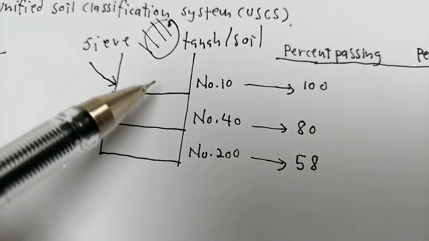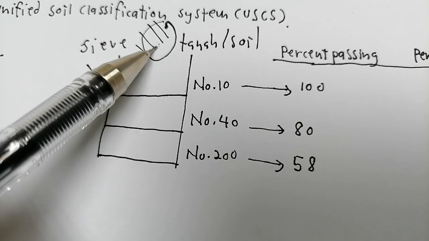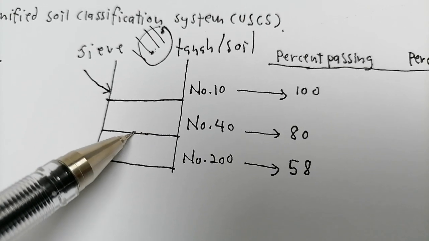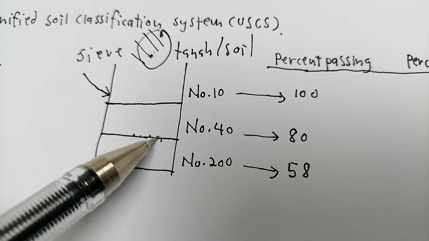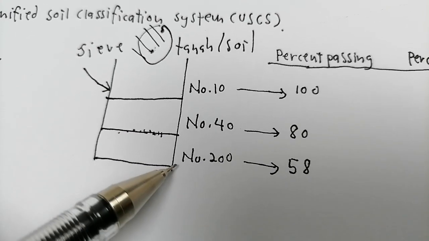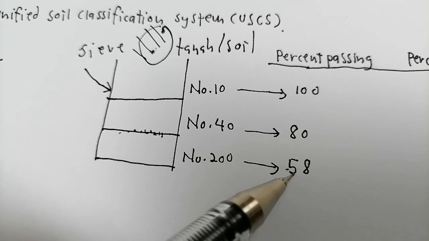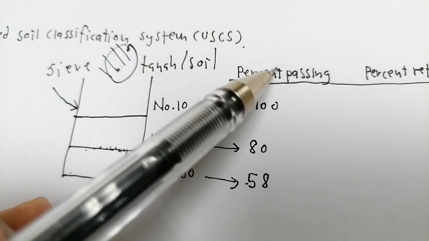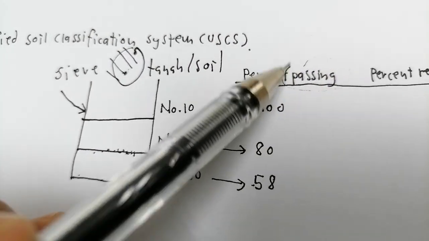Okay, and then tanah yang sama, sampel yang sama, 80% akan melepasi sieve number 40, akan melalui liang-liang bukaan sieve number 40, and then 58% akan melepasi sieve number 200. Itu yang melepasi, yang passing.